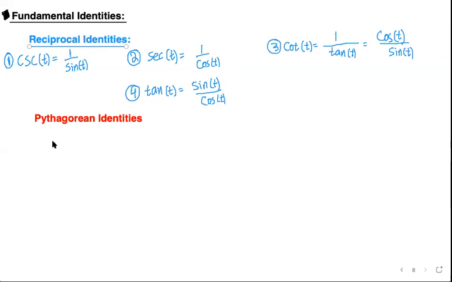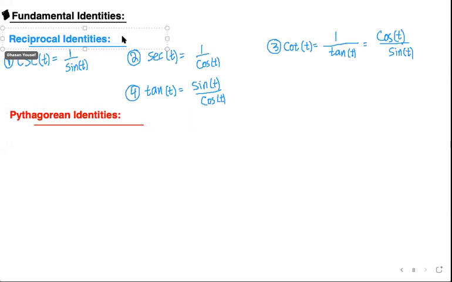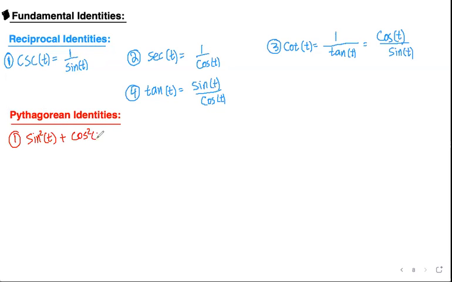Now, the Pythagorean identity. First, you have to know number 1: sine squared of t plus cosine squared of t always equals 1.